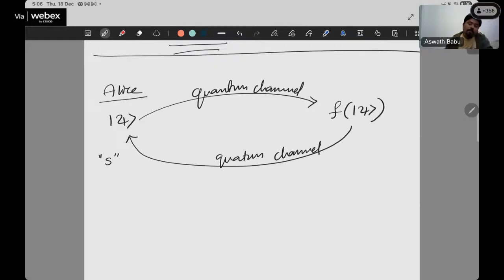It's a bit string. Initially Bob is given an instruction to use the function f created using some fixed s. Now whenever Alice wants to communicate, she just sends a quantum state and gets back the result.